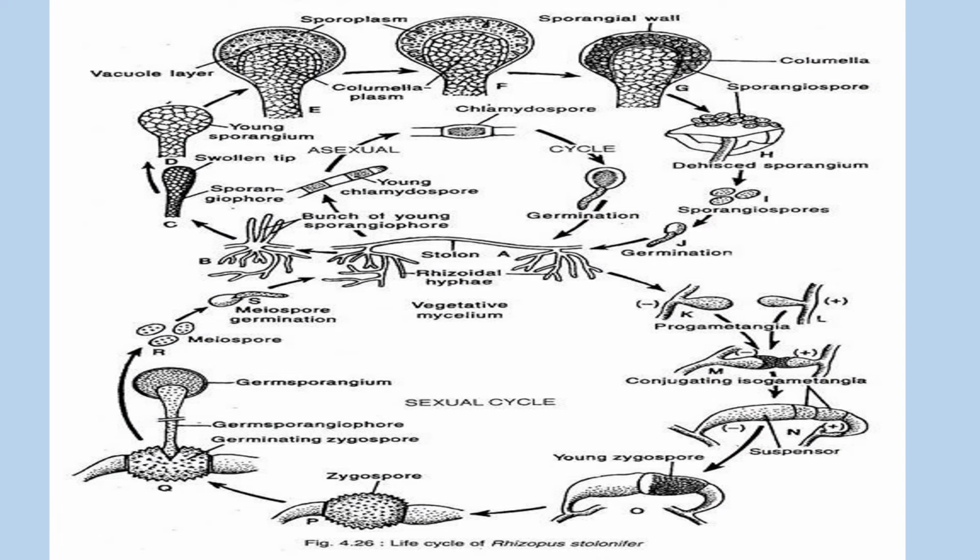Now about the life cycle. This is the mycelium, and we begin with the rhizoidal hypha. After a period of growth, they undergo vegetative asexual reproduction, that is the sporangiospore.